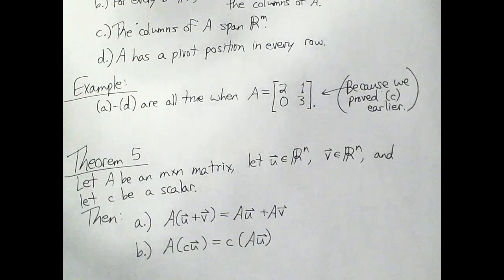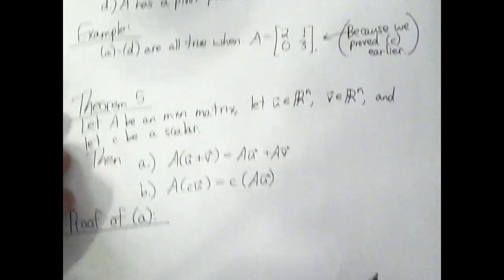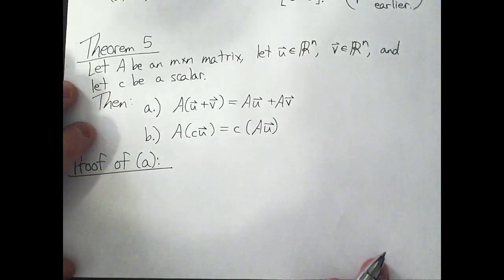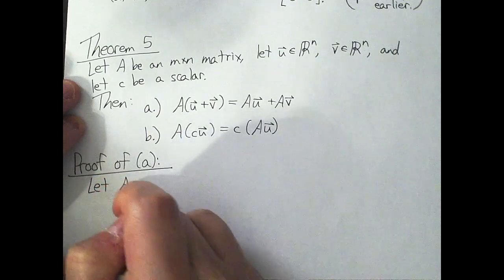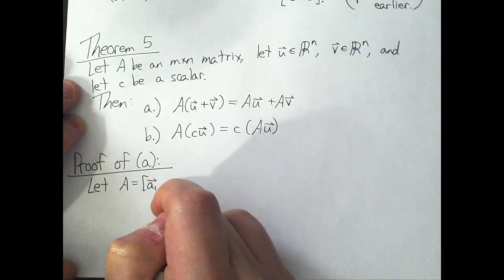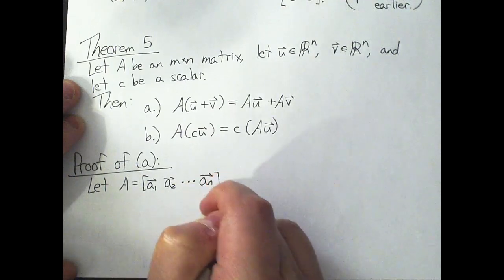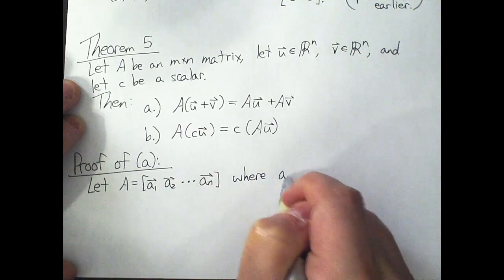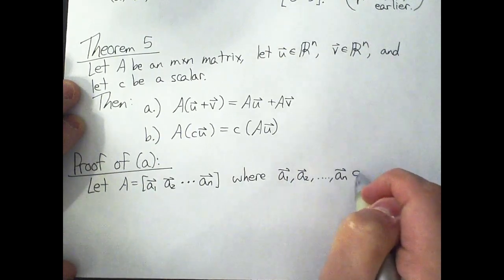So I think what we're going to do is I'm going to prove part A, and then I'm going to ask you to try to prove part B. Maybe my proof of part A will help you get a sense of how to work with these types of proofs, and then you'll be able to do part B. All right, I want to start by saying let A be made up of these columns, where A1, A2, etc., up to AN are all in Rm.